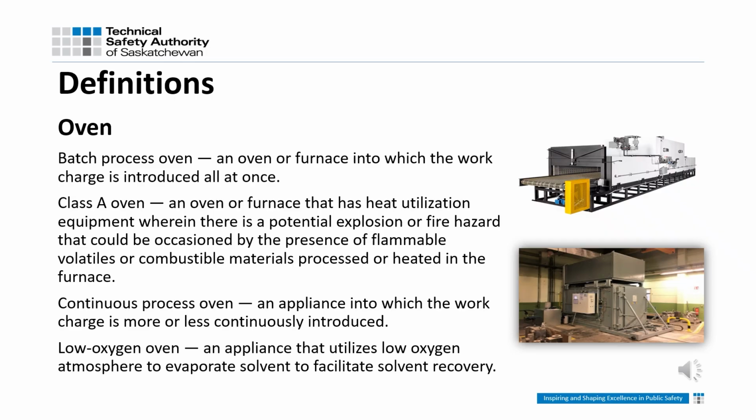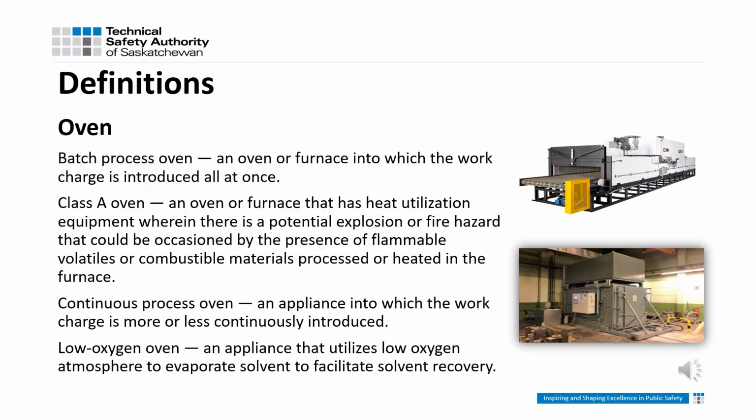Batch process oven. An oven or furnace into which the work charge is introduced all at once. Class A oven. An oven or furnace that has heat utilization equipment wherein there is a potential explosion or fire hazard that could be occasioned by the presence of flammable, volatile, or combustible materials processed or heated in the furnace.